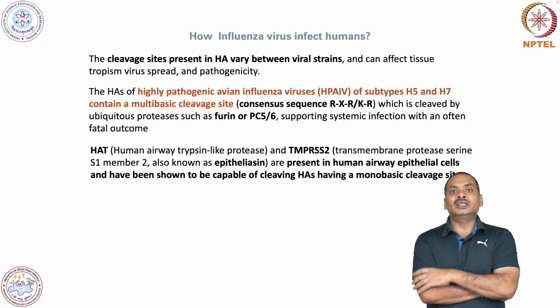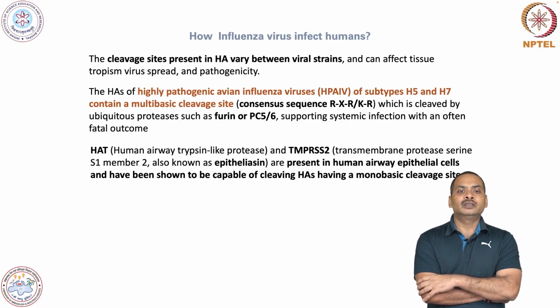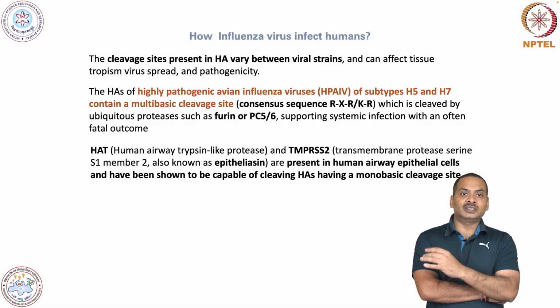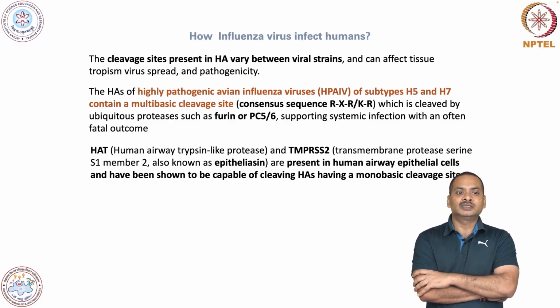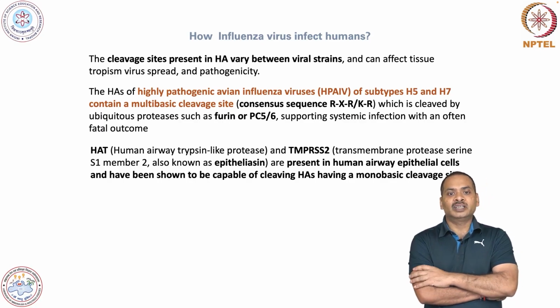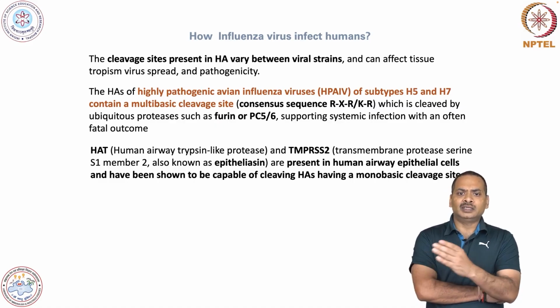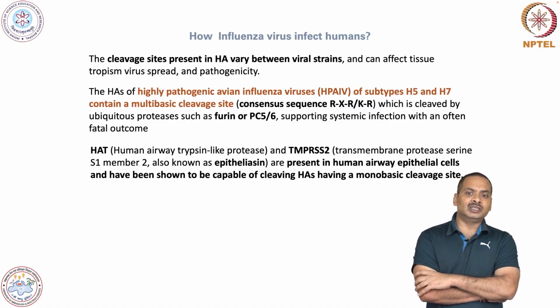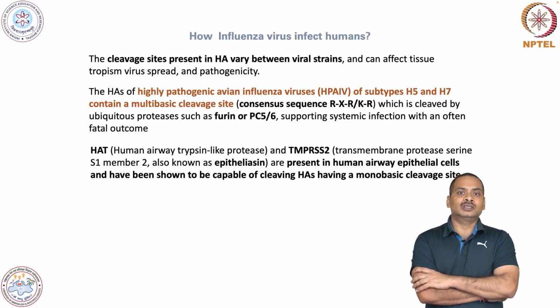There is another enzyme, HAT, H-A-T. It is the human airway trypsin-like protease, and there is another enzyme, TMPRSS2. This is transmembrane protease serine S1 member 2, also known as epitheliasin, and they are present in airway epithelial cells and have been shown to cleave the HA protein having a monobasic cleavage site.